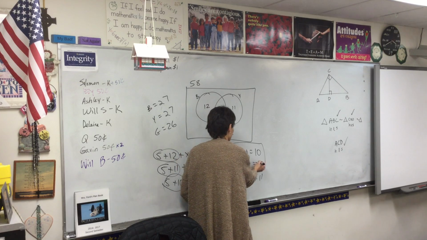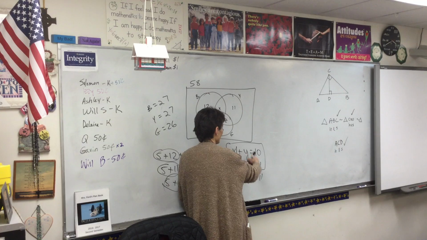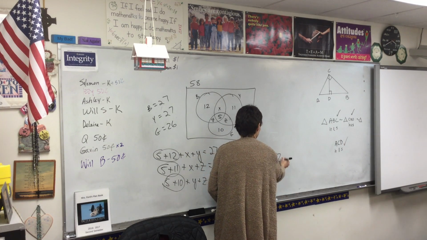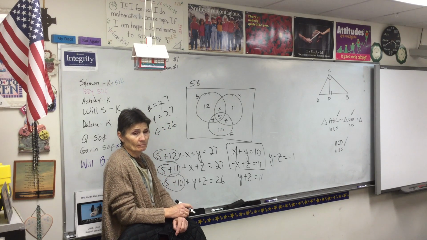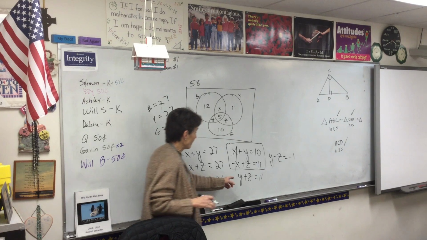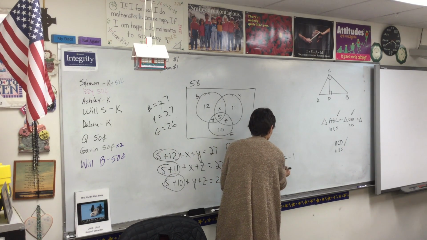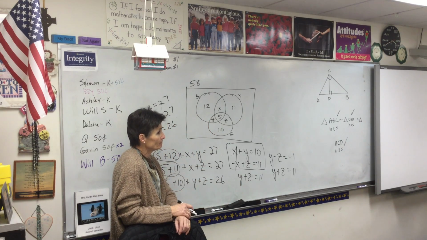So I'll multiply 2 by negative. And this then produces a new equation, y minus z equals -1. Right? Which is going to get combined with y plus z equals 11, my third equation that I haven't used yet.